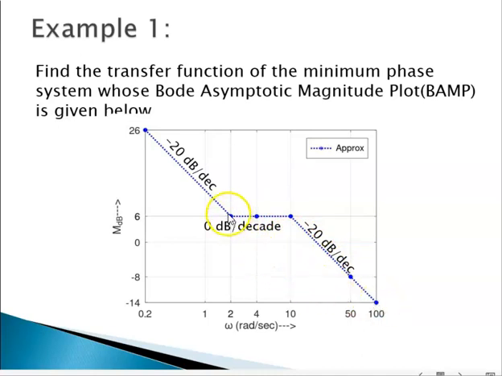Just before the first corner frequency the slope is minus 20, just after it is 0, so the slope increased, and this term is present in the numerator. Here the slope fell, so this term is in the denominator. This indicates an s term in the denominator.